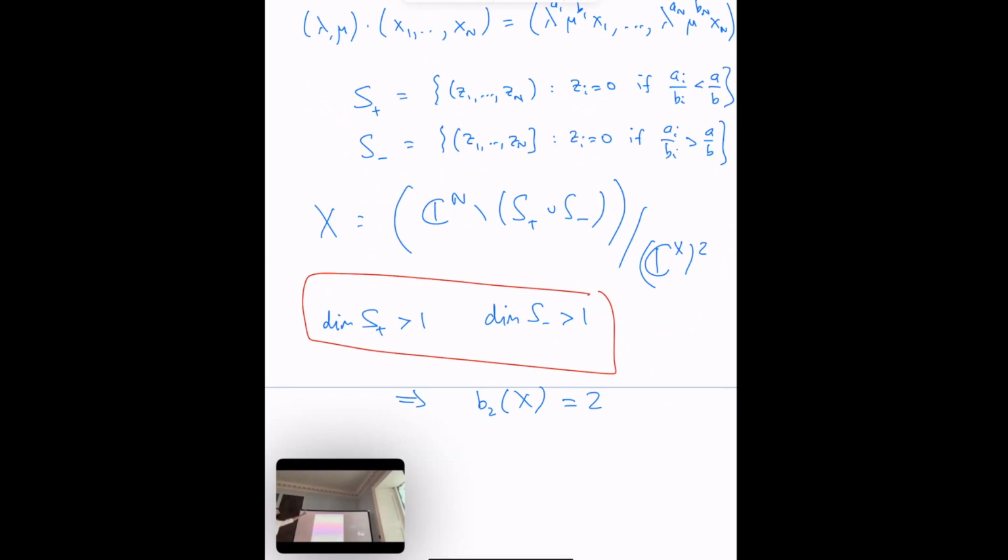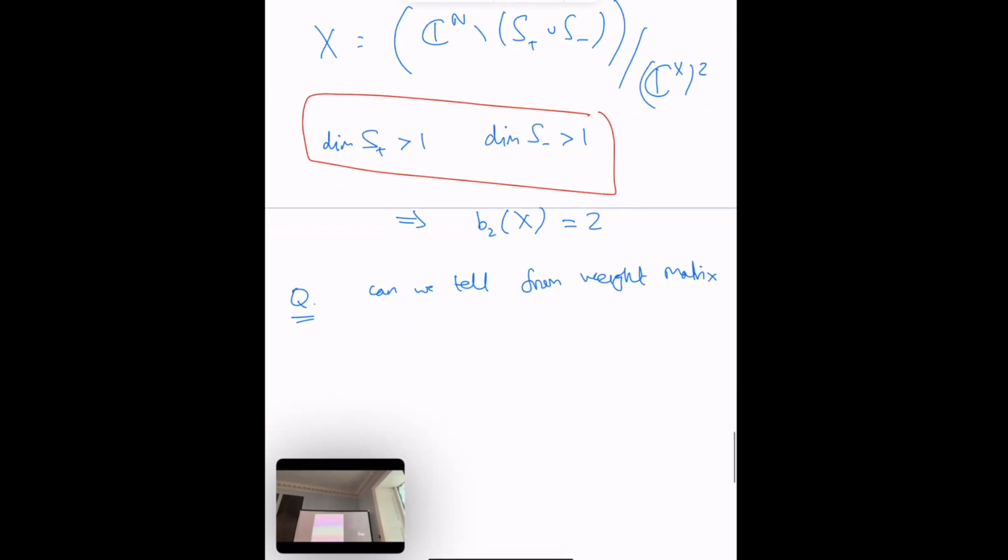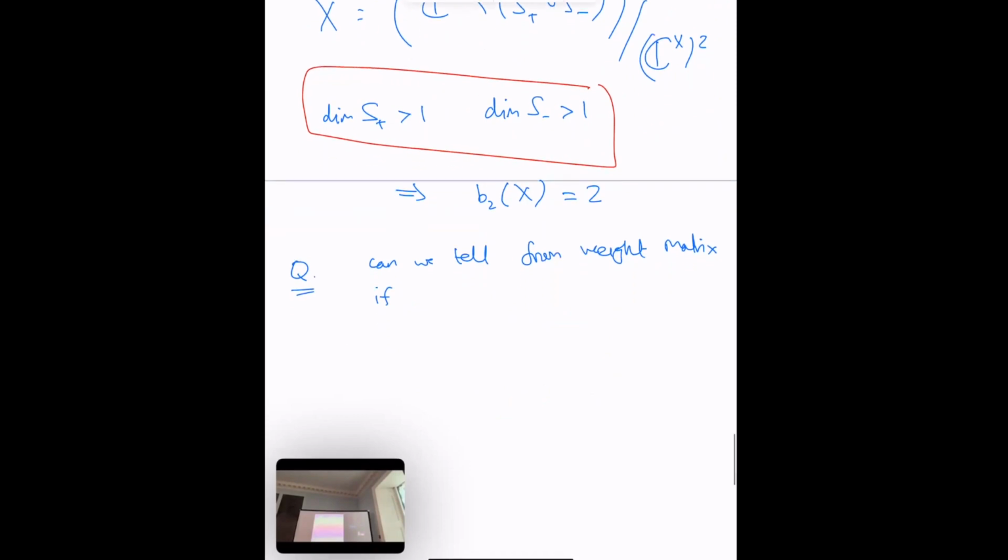These are toric varieties of Picard rank 2. So question: can we tell from the weight data, from the weight matrix, if X has terminal singularities?